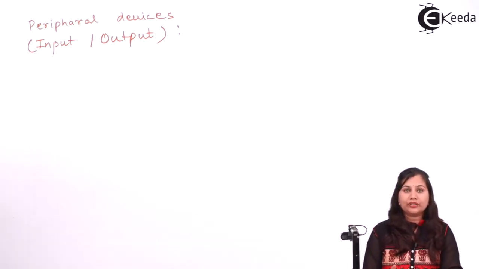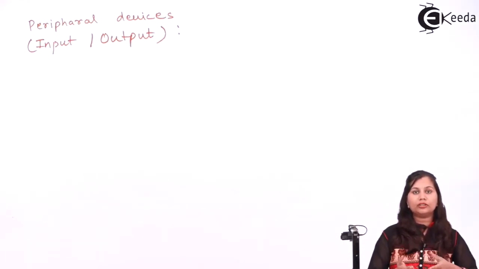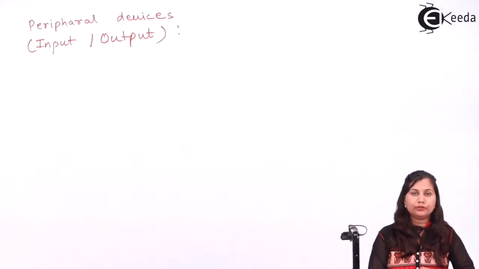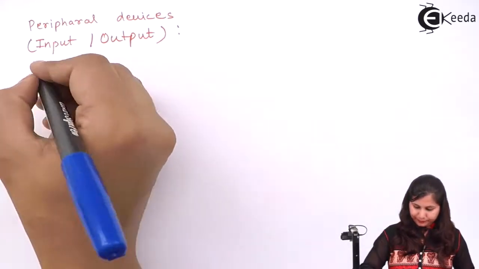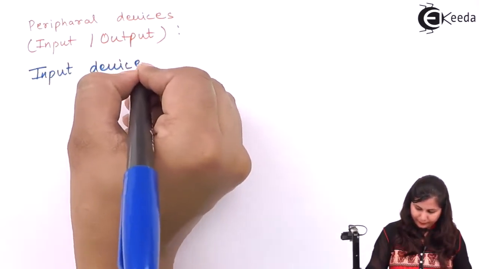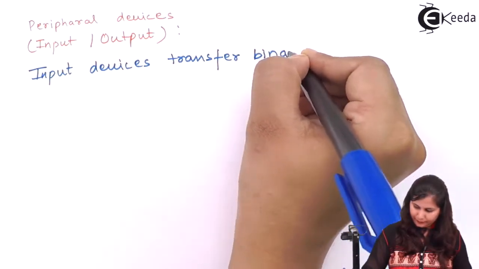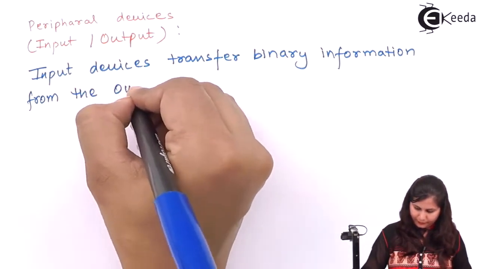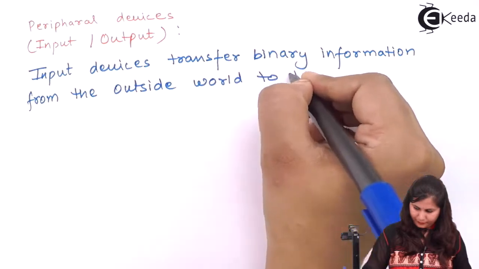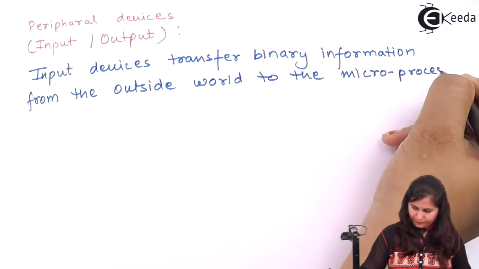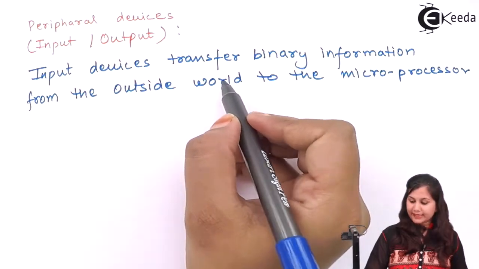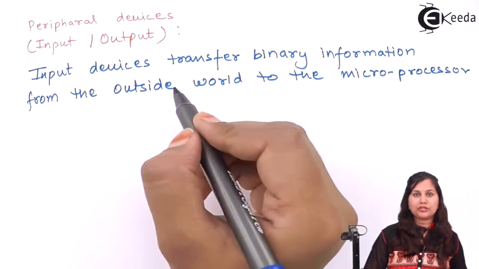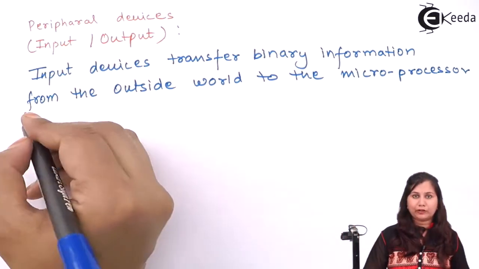Now what the input devices are doing, they are giving the input or the data to the microprocessor, and output devices are displaying the result so that the user can read it through the output devices. So input devices are providing or transferring the binary information from the outside world to the microprocessor.